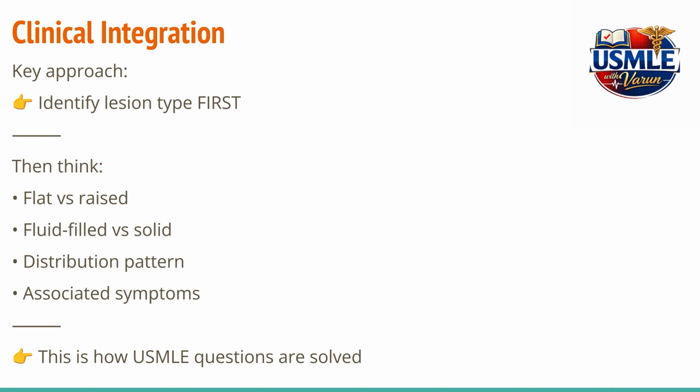Then we have to check the distribution pattern, whether it's symmetric or asymmetrical in nature. Then we also need to find out about the associated symptoms, or clinically integrate with other systemic manifestations, symptoms and signs. Whenever a question on dermatology is tested, this is how we identify the condition and try to answer those questions.